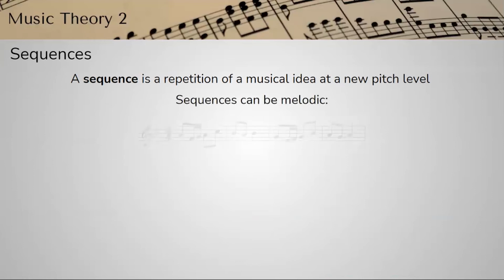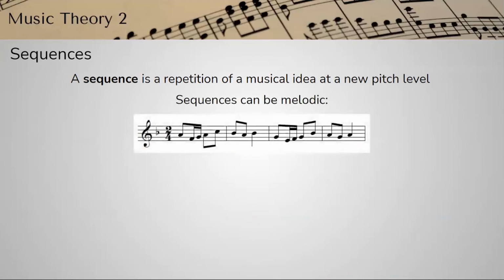So a sequence can be melodic, right? So this is an example of a melodic sequence. So the first little phrase of this is the statement of a musical idea.